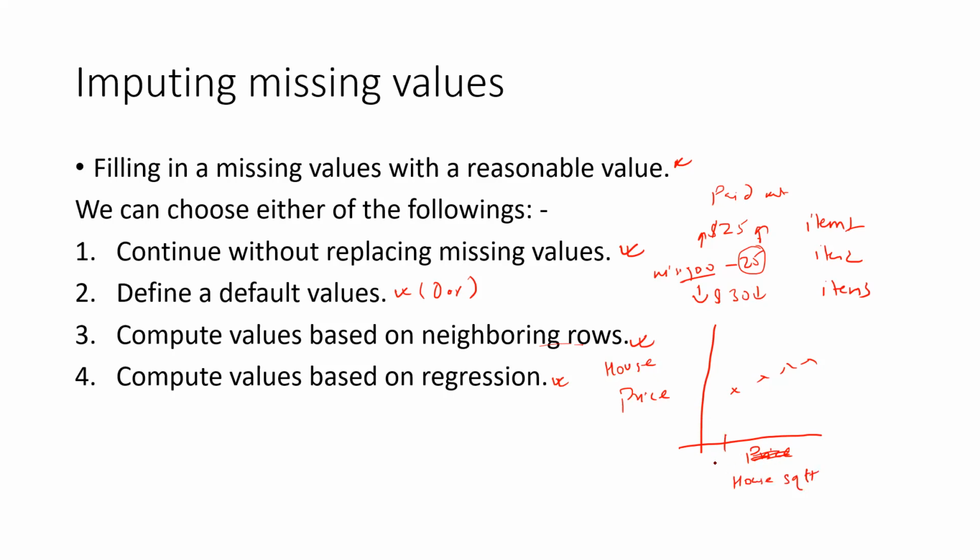Let's say a 25 square feet house costs 5,000, and 28 square feet is 8,000.